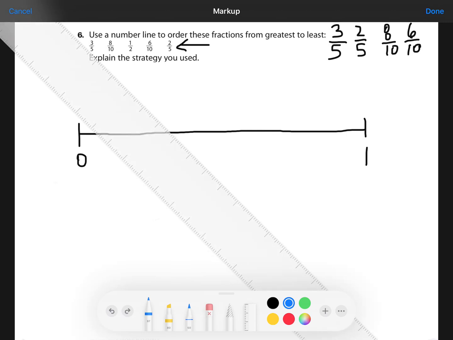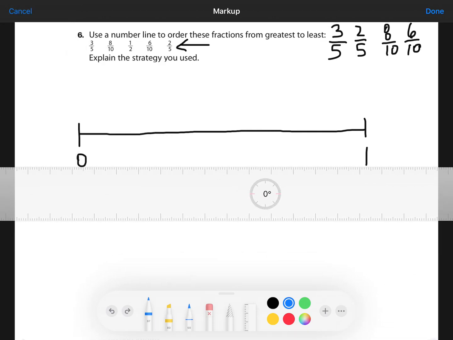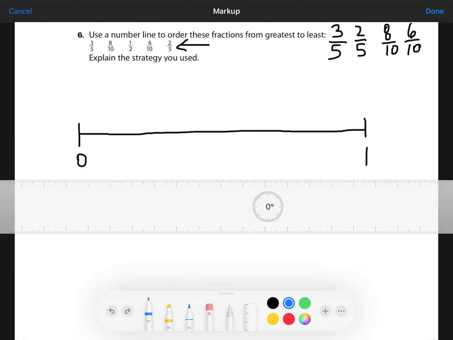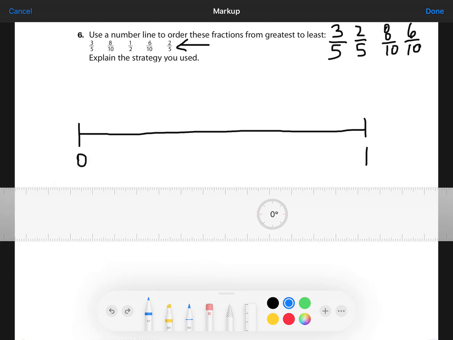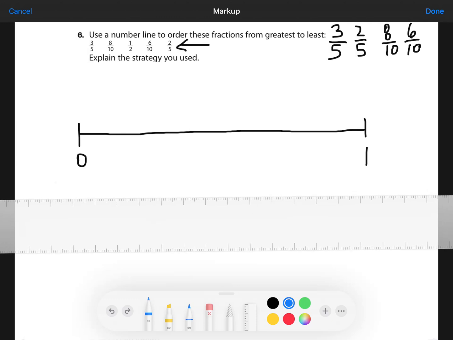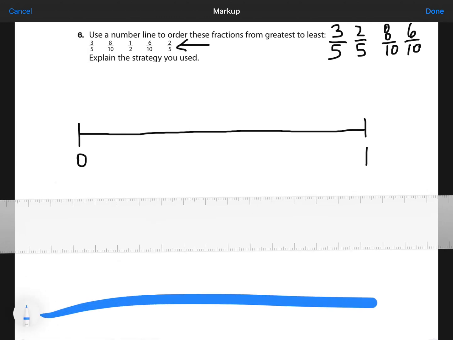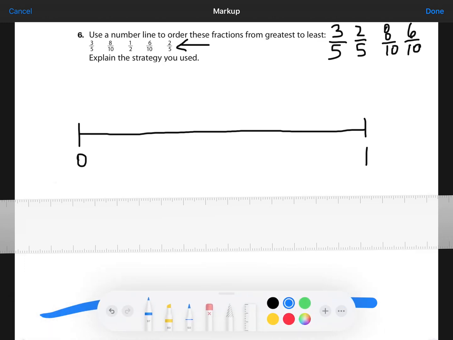Let's see if it helps. I'm probably going to change the number line then. Ugh, having trouble with our toolbar today.